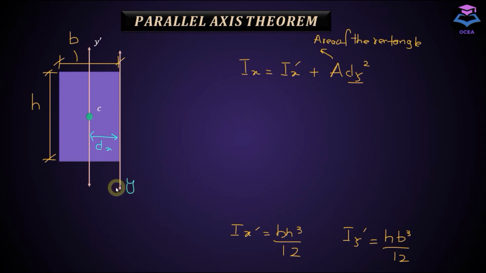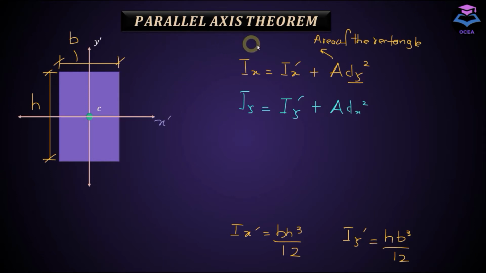In that case, moment of inertia about this axis, Iy, is equal to Iy dash, that is moment of inertia about the centroidal axis in vertical direction, plus area into dx square. You just take the square of this distance, multiply it with area, and sum it up with the moment of inertia about the centroidal axis. You will get your moment of inertia about this axis.